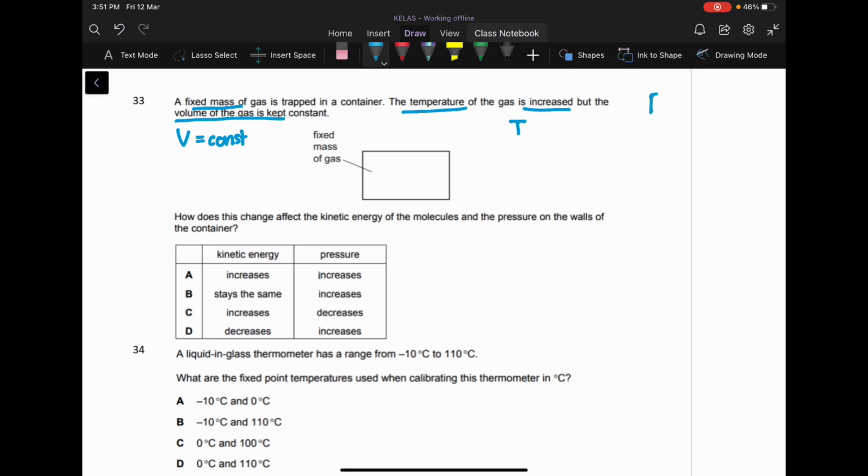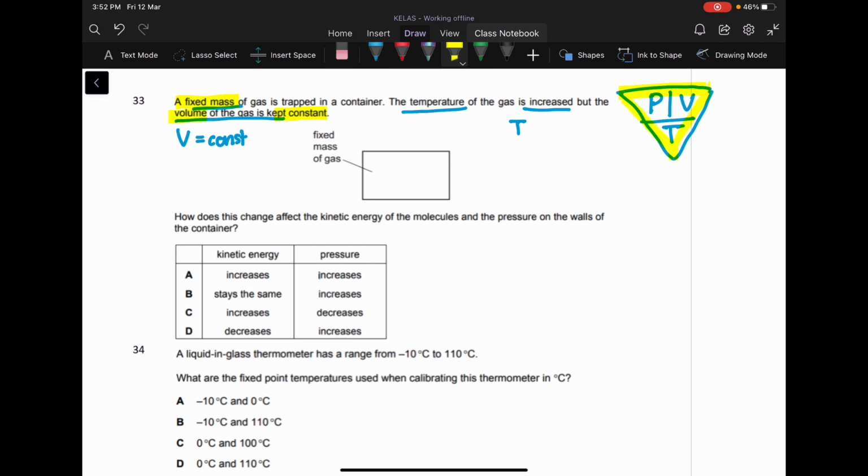So let's recall we have the PVT triangle. Once you see a fixed mass, and a variable is kept constant, you immediately need to recall this triangle.